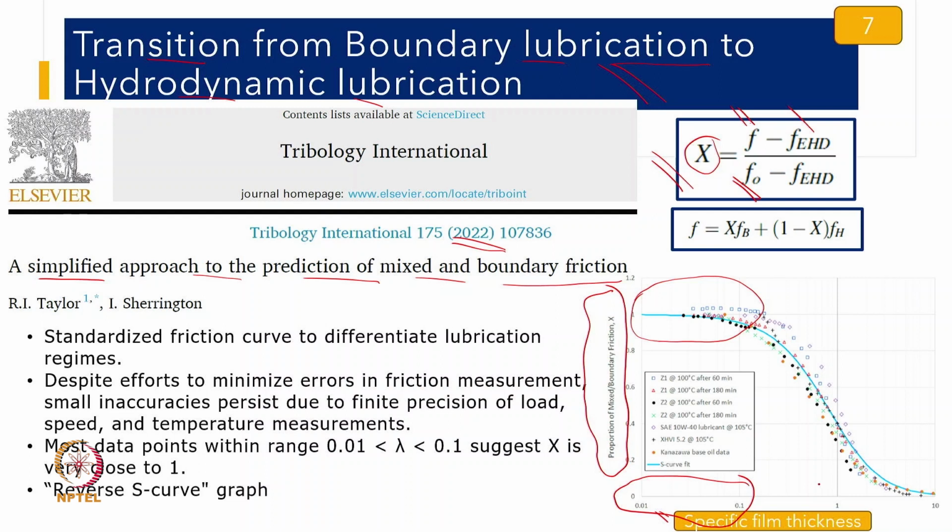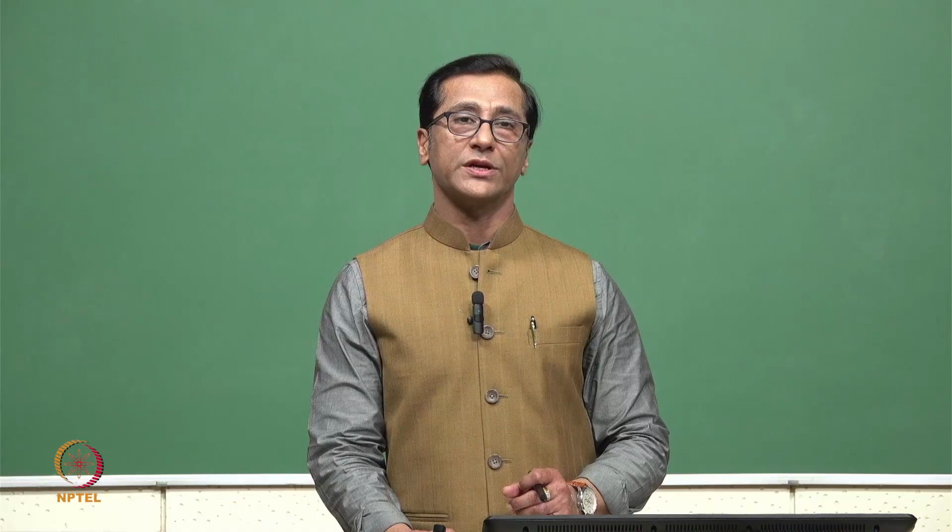Now as specific film thickness reaches 1, we are able to see the reduction. This fraction is almost 30 to 40%, and then at 10 it is almost 0. That means we do not have any mixed lubrication.